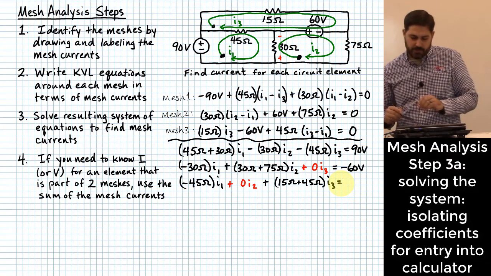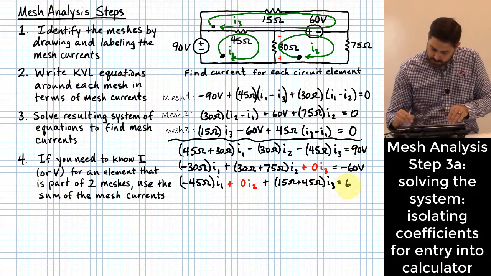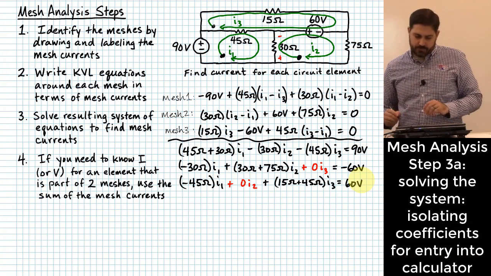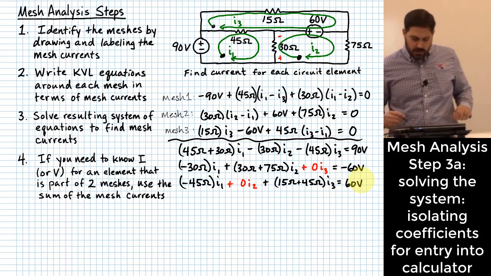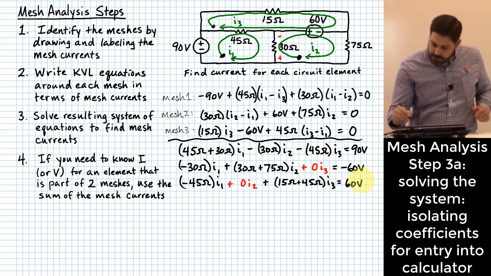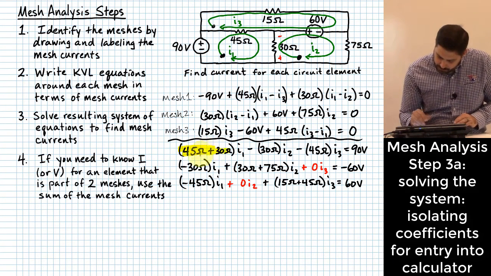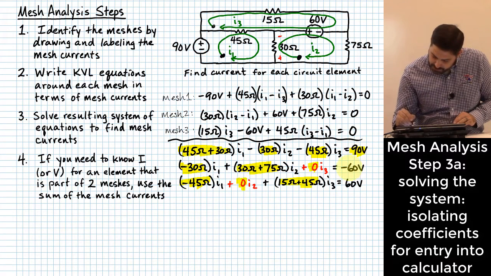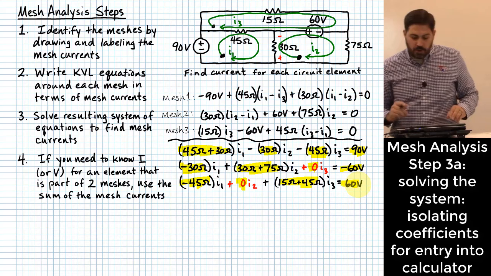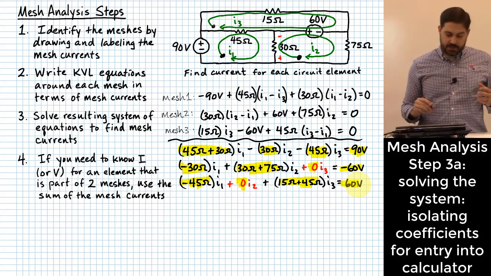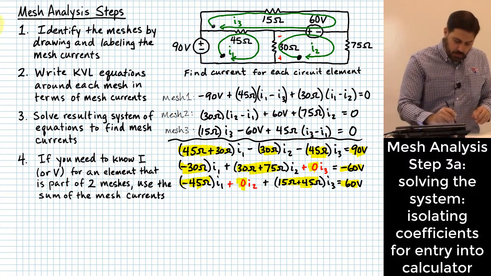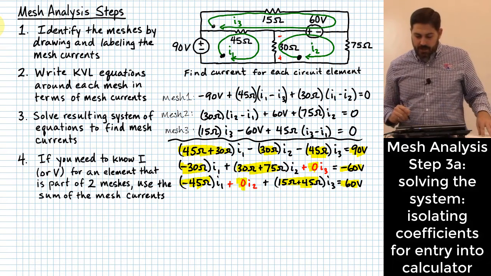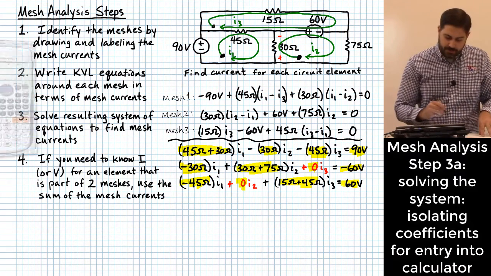This will be equal to what? 60 volts. Okay? And so now what we have are all these coefficients, right? Got a coefficient here, here, and here, here, here, here, here, here, and here. Plus we have all these constant terms on the other side. Those are the bits of information we have to enter into most calculators out there in order to be able to solve for all of the things that we're trying to find.